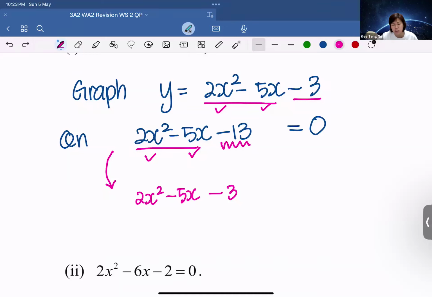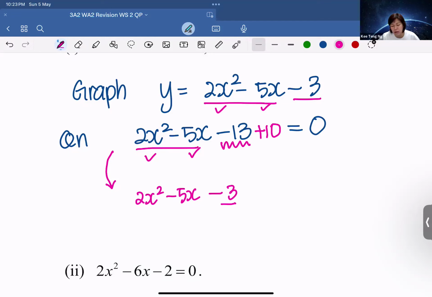So how am I going to change this? What I can do is a plus 10. Negative 13 plus 10 will give me negative 3. Or negative 3 minus negative 13 will give me 10 also.